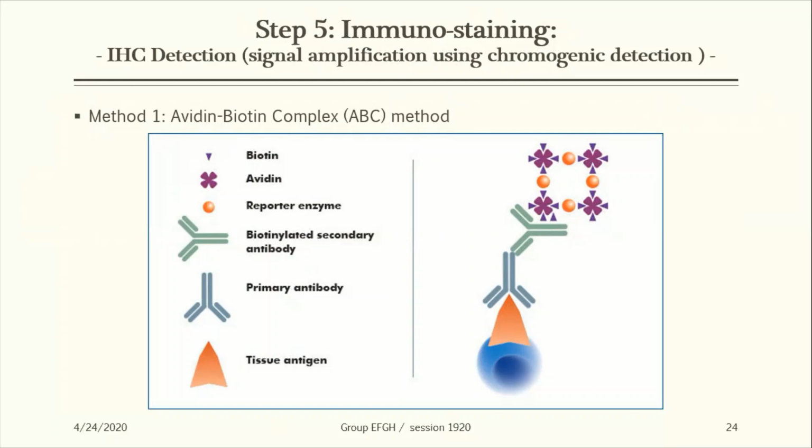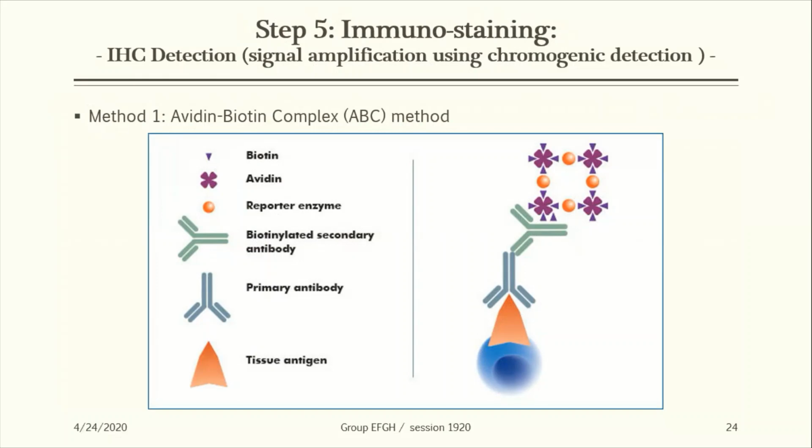For the indirect method, the primary antibody will selectively bind to the antigen and the secondary antibody will bind selectively to the primary antibody. The most common form of indirect immunohistochemistry is the avidin biotin complex, or ABC, method.